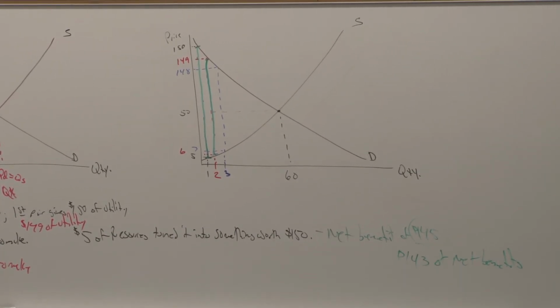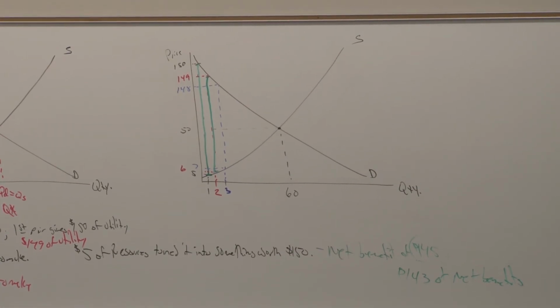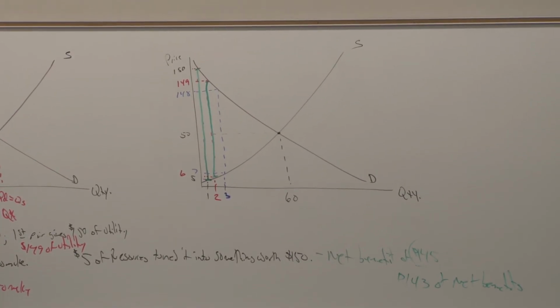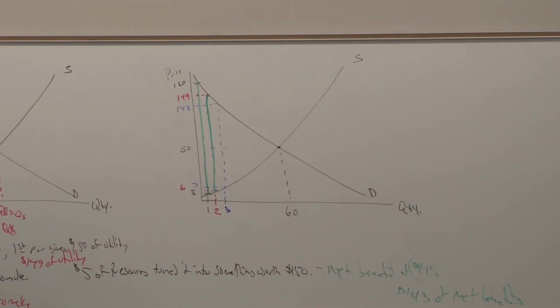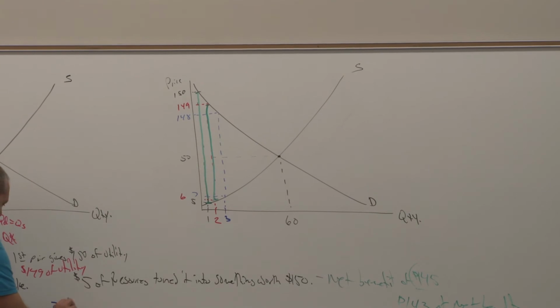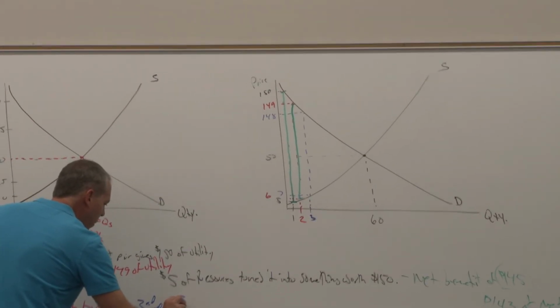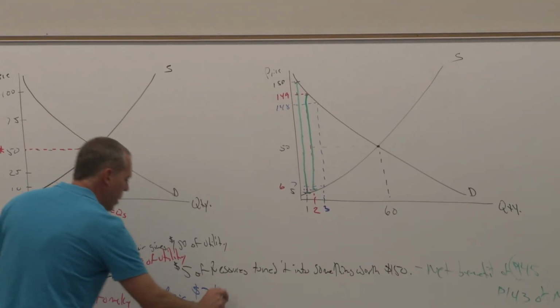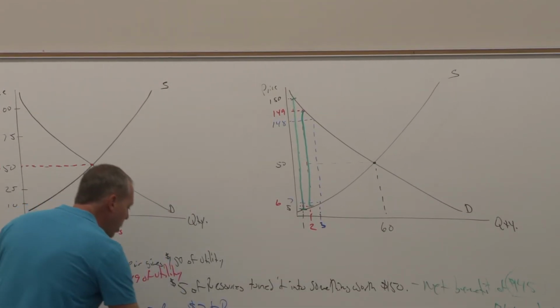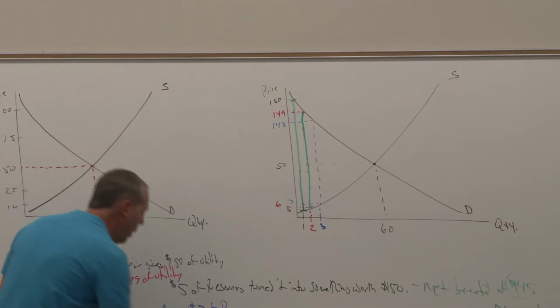It's going to the producer or the consumer. We don't know who's getting it yet. Right now, that's not important. We know that we took $7 worth of resources and then when we're done rearranging this, it's worth $148.